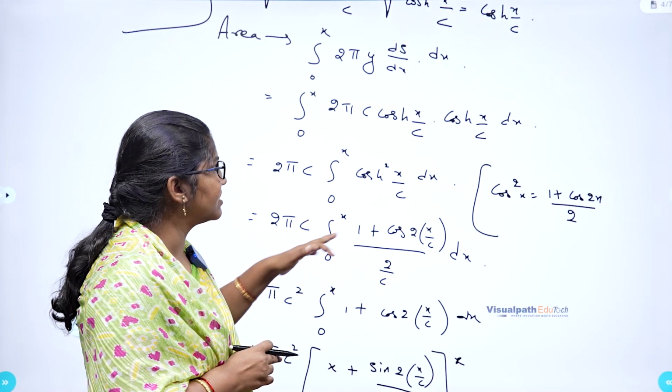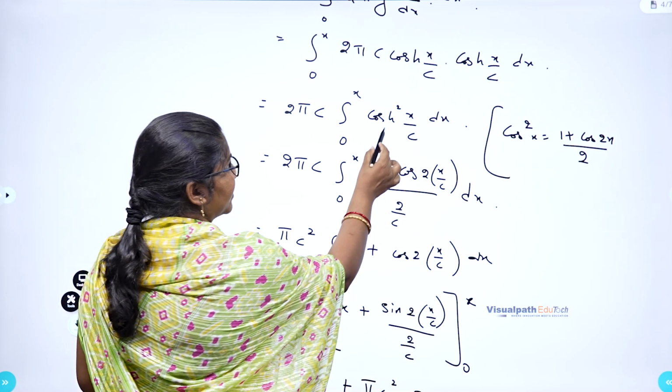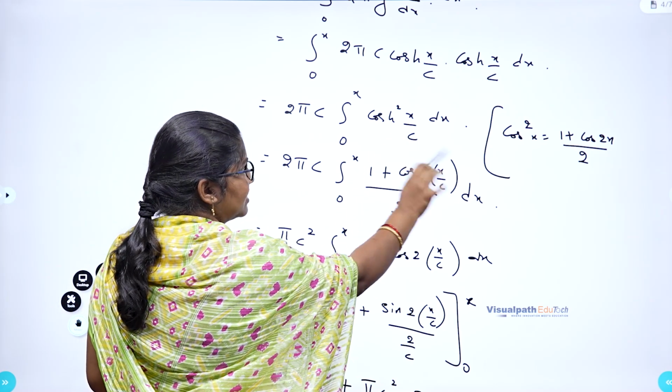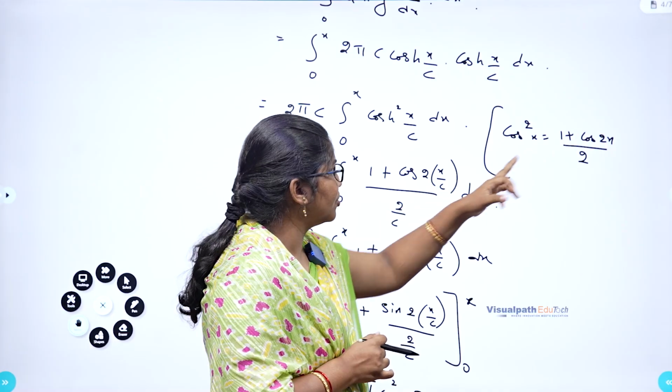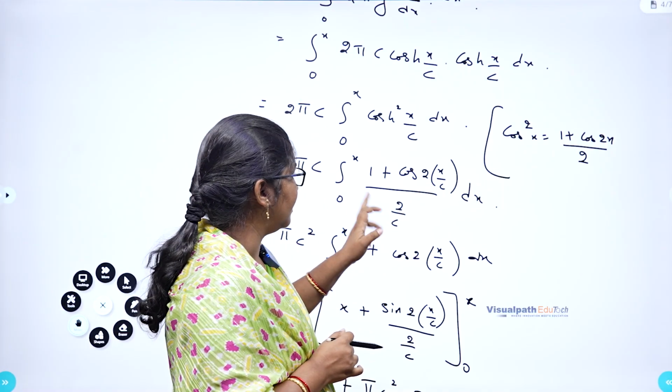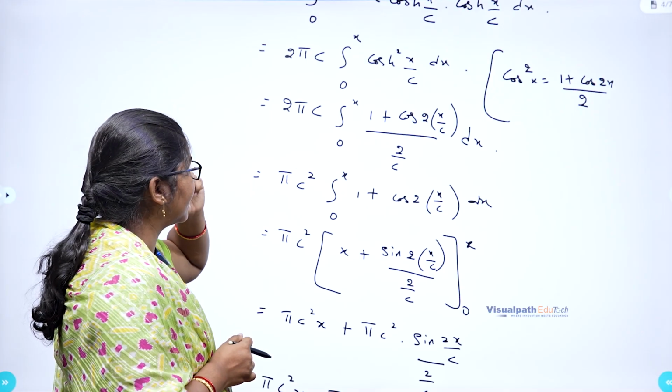This is cosh square(x/c). 1 by c is constant: 1 plus cos 2x by c, by 2 by c. Here 2 and 2 will get cancelled.